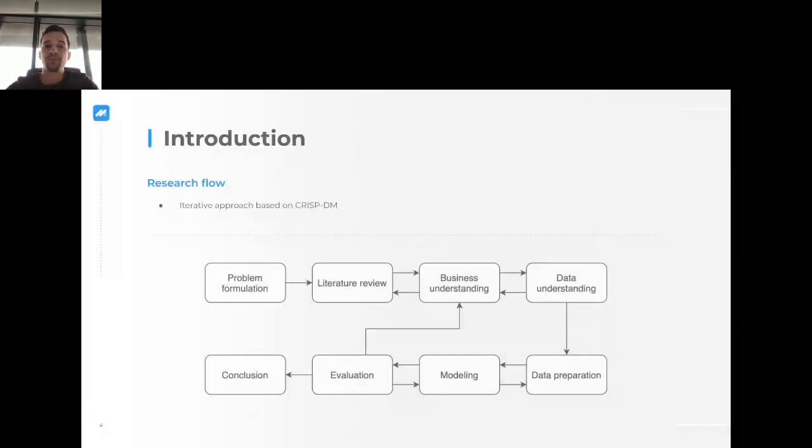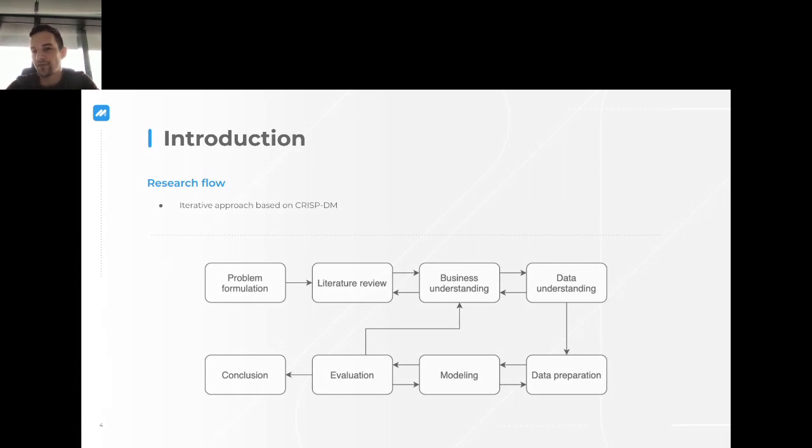Our research flow was iterative and was based on the Cross-Industry Standard Process for Data Mining. We made a bit of alteration in order to adjust it to our case, where we first came up with the problem formulation. Once we had a problem, we conducted a literature review in order to see what others did and how, and to stay up to date with the latest trends and technologies in big data, machine learning, and user behavior modeling. Then we have five iterative stages where we understand the business, make up the business goals, draw a project plan, and we continue with data understanding, where we collect the initial data, describe it, explore it, and consult with a subject matter expert.